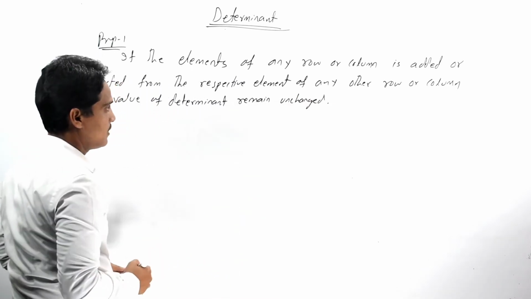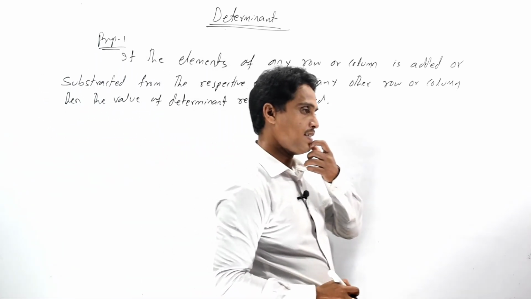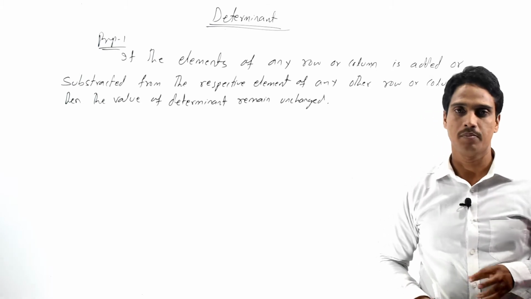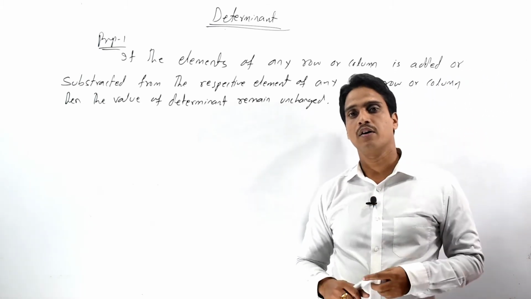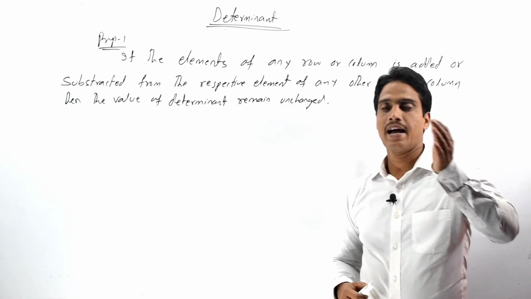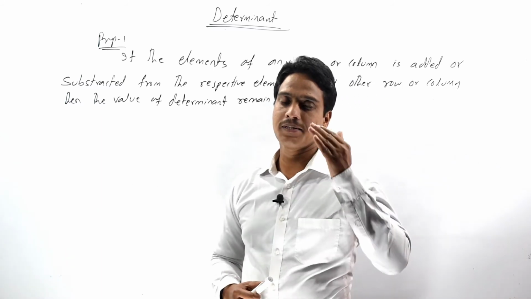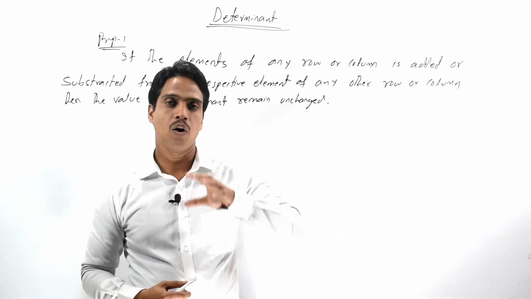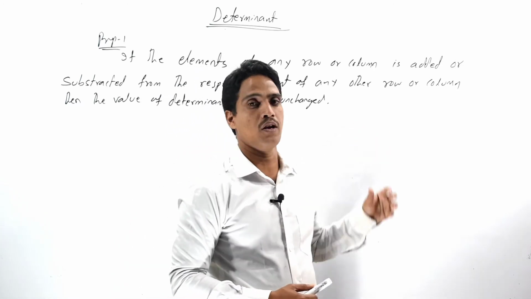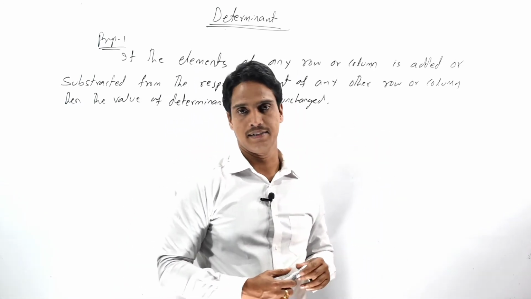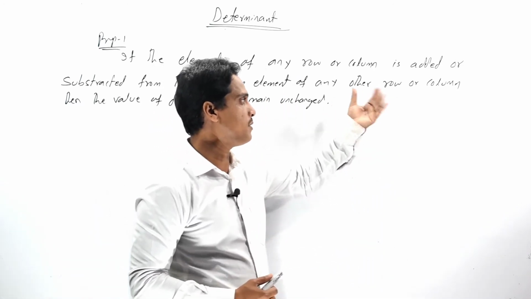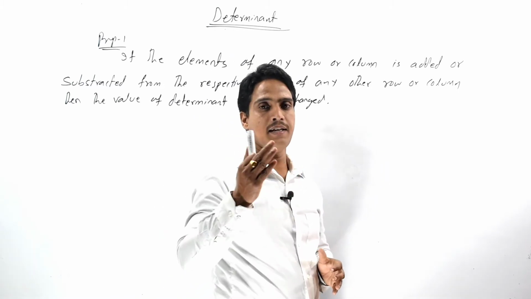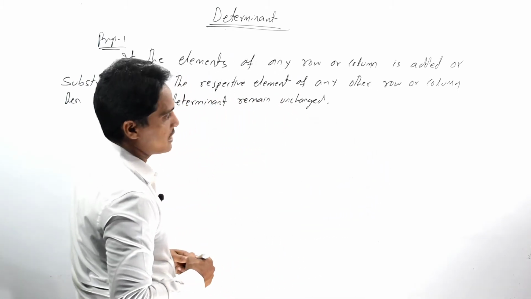That means if we change the elements of any row or column by adding respective elements of any other row or column of the given determinant, then the value of the determinant remains same or unchanged.